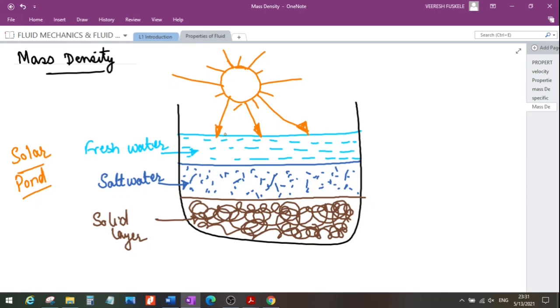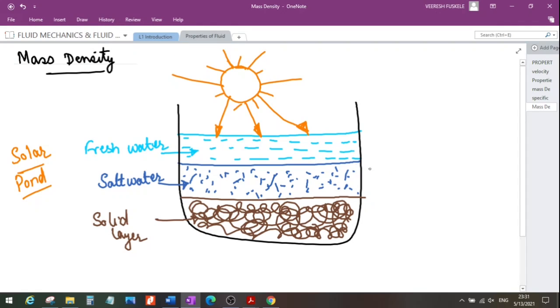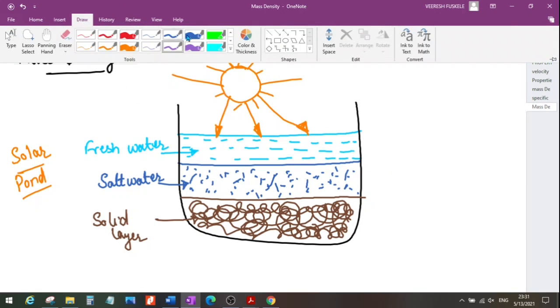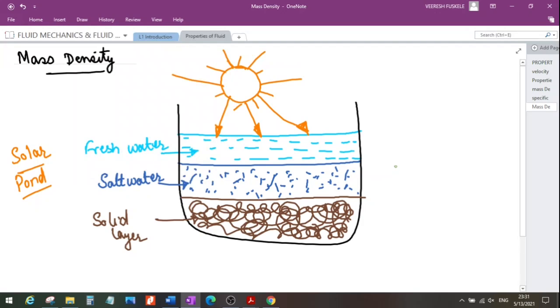Thermal energy is stored in this salt water, which can be extracted by just supplying some cold water, and it can be extracted as warm water. So we supply the cold water and we get the warm water.